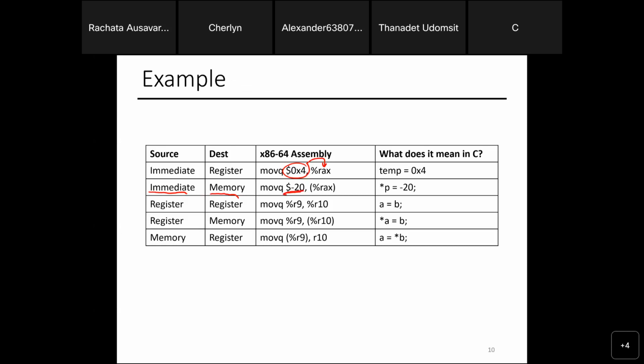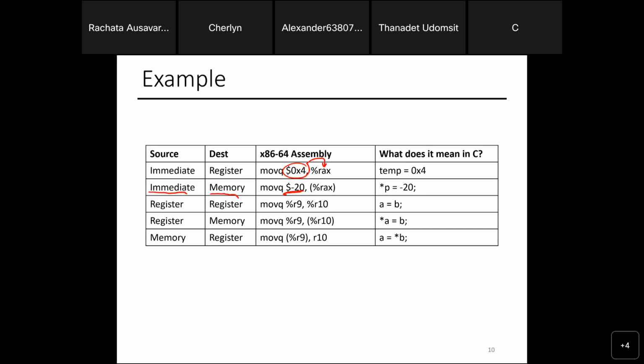So kind of similar to the $ sign. $ sign means a value. Parentheses mean treat that as an address in memory. So whatever is in RAX, for example, let's say RAX is 1000. Treat that as the memory location address 1000. So here I move -20 into memory location 1000.